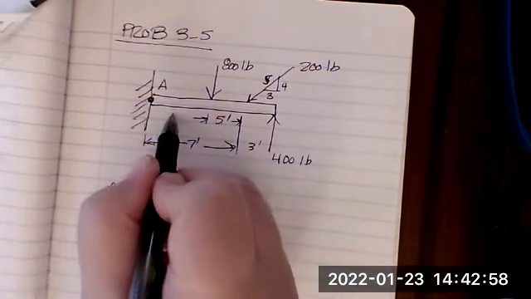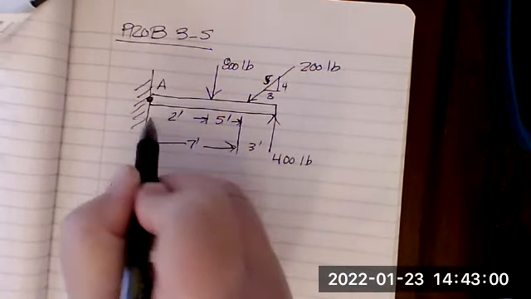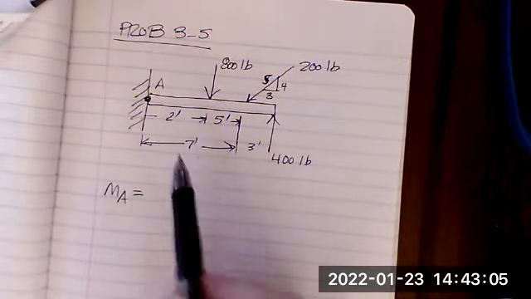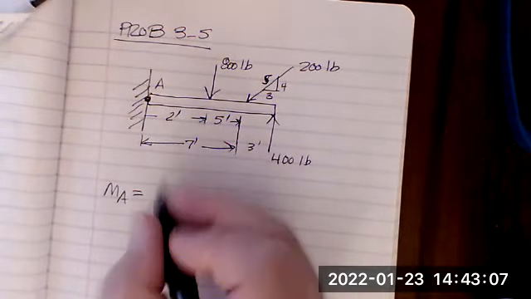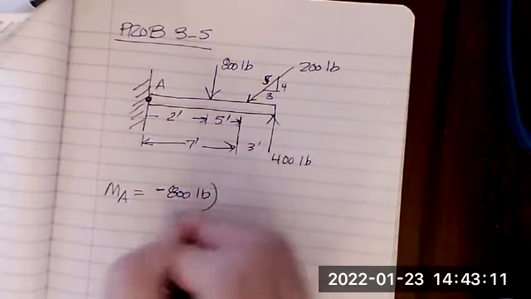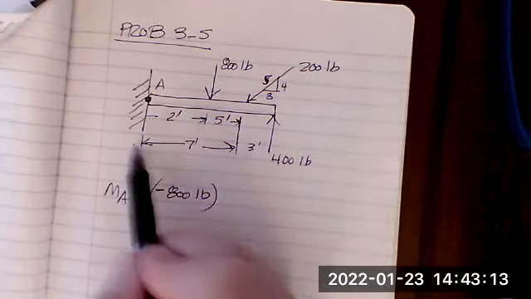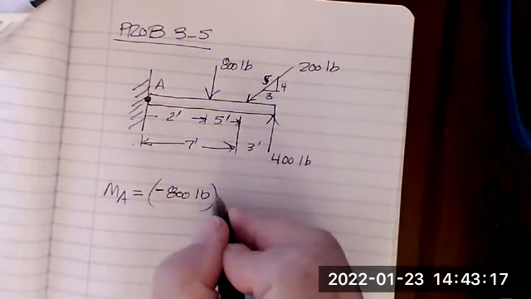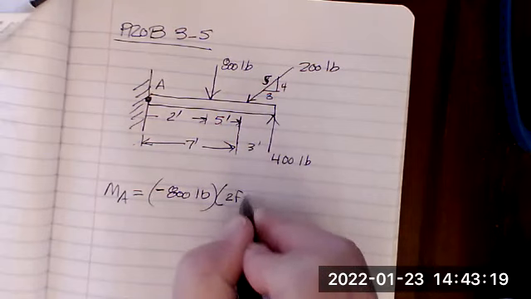So actually, this is going to be 2 feet here. I know it's not drawn to scale, and I apologize for that, but that's 2 feet. So we're going to have a negative 800 pounds. And the reason I made it negative is because it's going clockwise. It's causing clockwise direction about A times 2 feet.